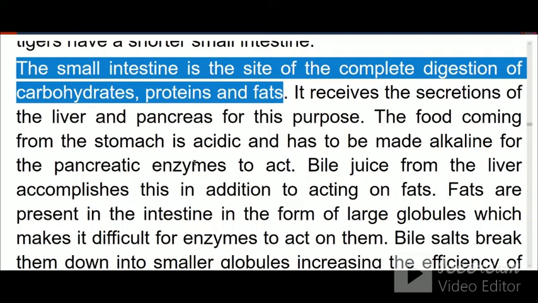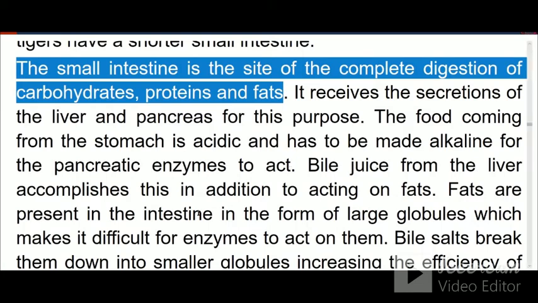The food coming from the stomach is acidic and has to be made alkaline for pancreatic enzymes to act. Now, the stomach contains mucus, which protects its layer from hydrochloric acid, but the small intestine doesn't contain that. So, what does it do? The food has to be turned into alkaline form.